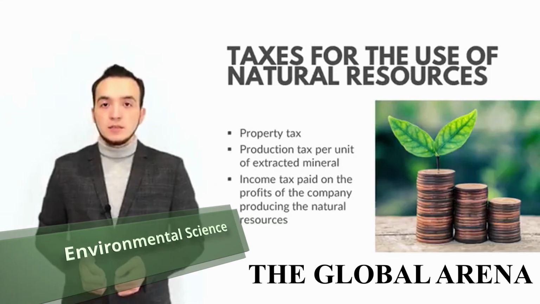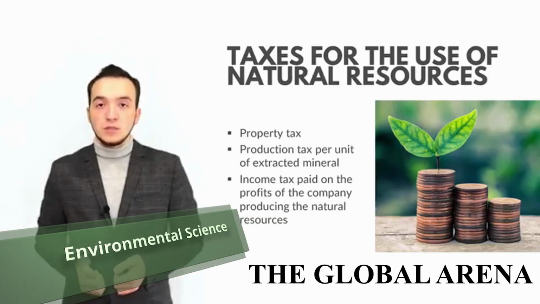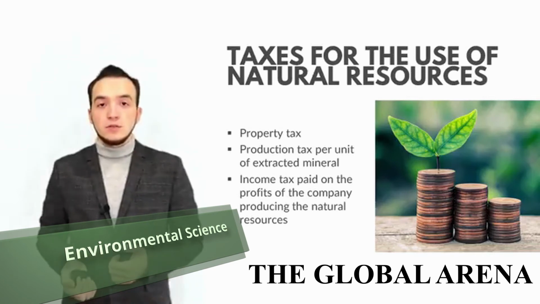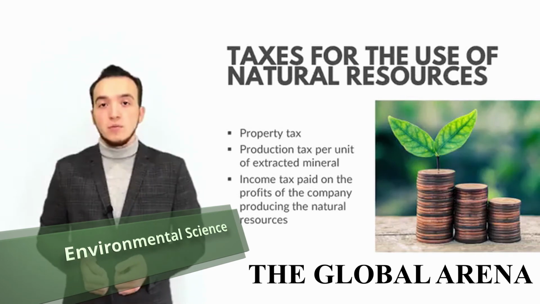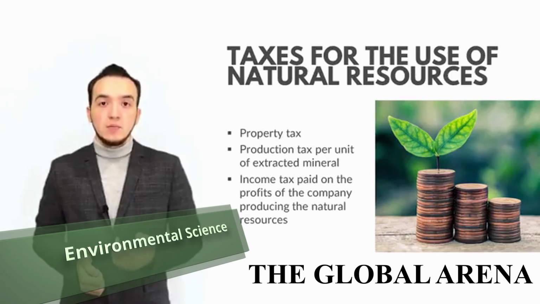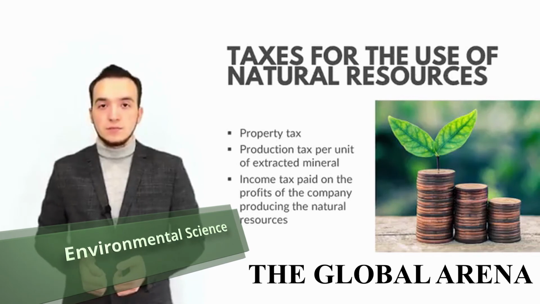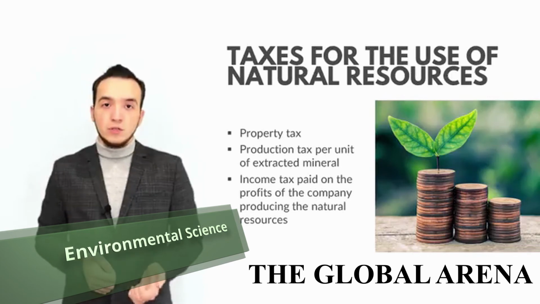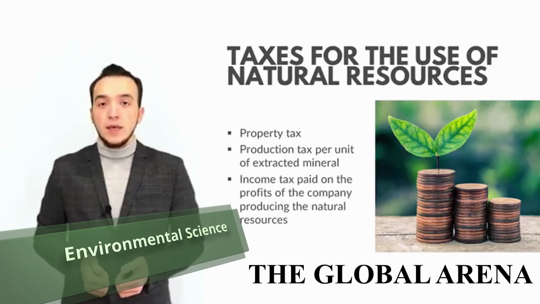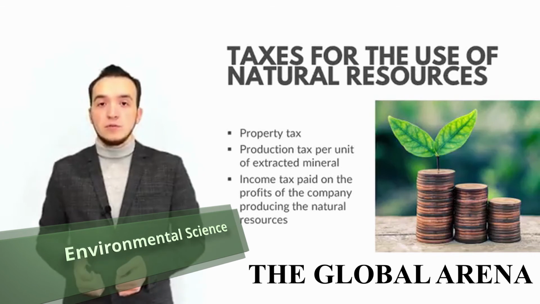The system of taxes for the use of natural resources may vary from country to country, but generally includes the following types of taxes. Property tax usually represents the tax on mineral deposits, production tax per unit of extracted mineral, and income tax paid on the profits of the company producing the natural resources.